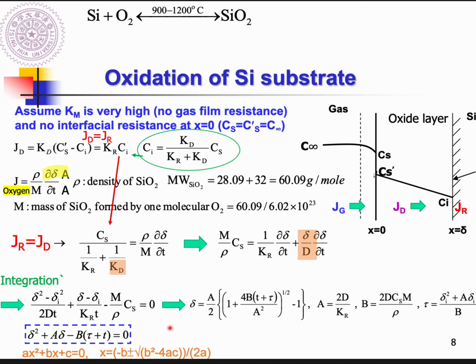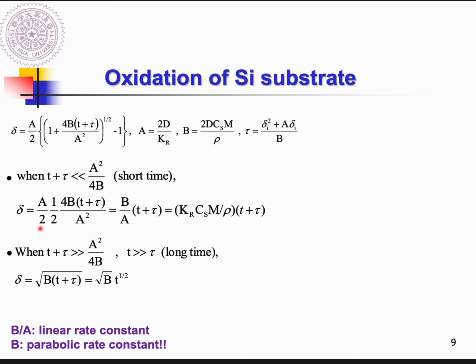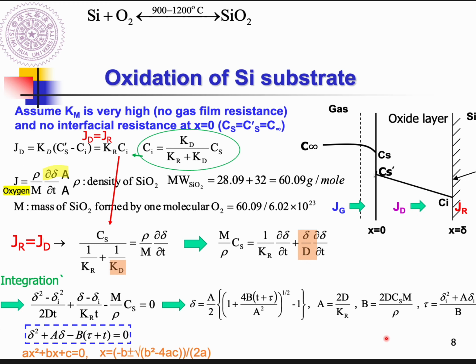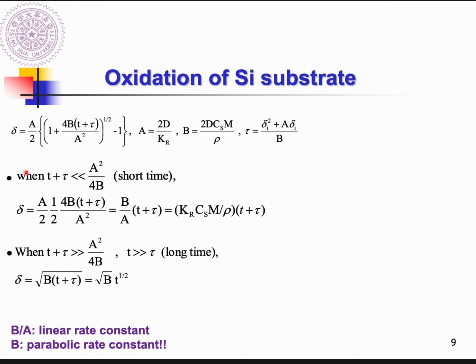So I just copy these results, and we want to discuss more about the measurable thickness of silicon dioxide as a function of time. Why is this so important? Because our question asks you which method can have a higher growth rate of silicon dioxide, which means this will be higher, right? So I just copy these results to the next slide.